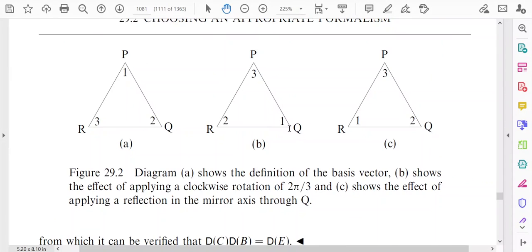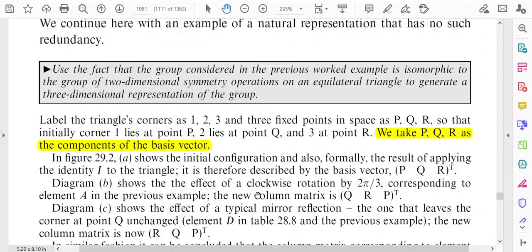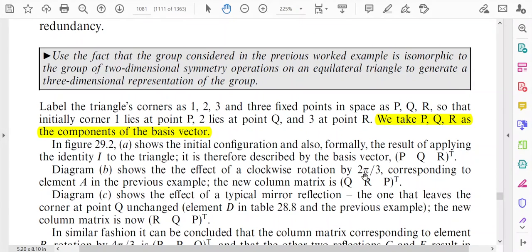Now 1 corresponds to Q, 2 corresponds to R, and 3 corresponds to P, and we can say that this basis vector is Q, R, and P. And in the third figure, the basis vector is R, Q, and P. So in this way, we can denote different types of basis vector.